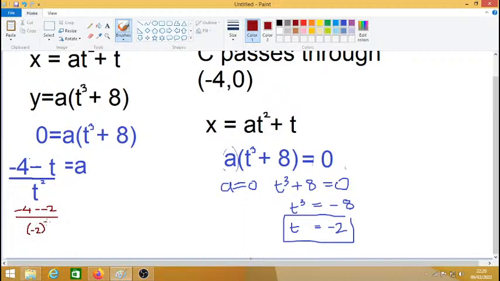If you type that into your calculator, that should give you a value for a. I'll do it in my head: two minuses make a plus, so minus 4 plus 2 gives minus 2 on the top, and on the bottom you've got 4. So minus 2 over 4 is equal to a. So a is equal to minus a half. Let me just check that. a equals minus a half is correct.